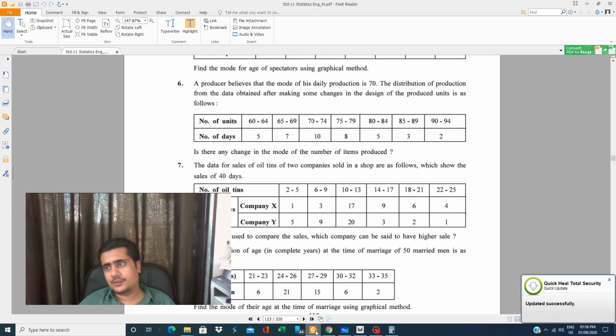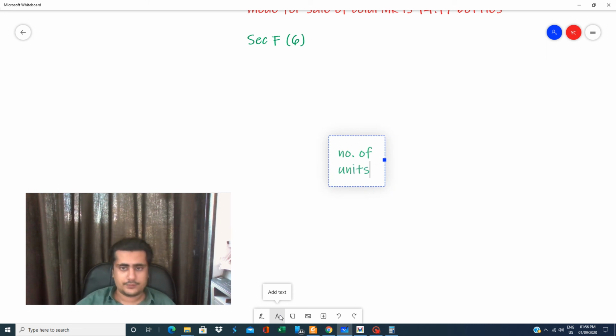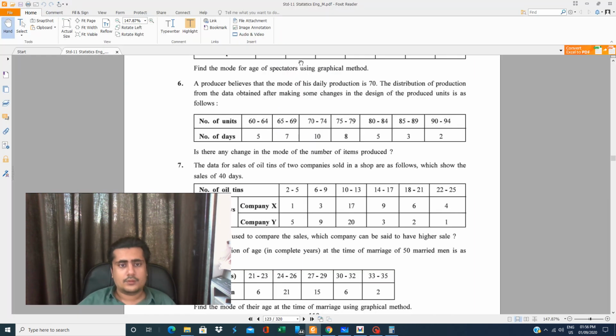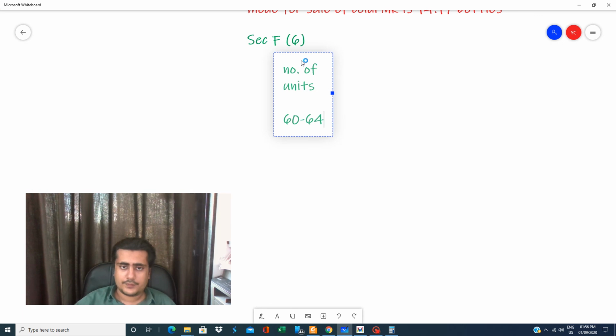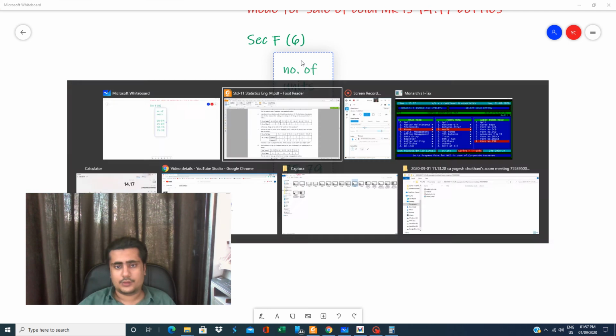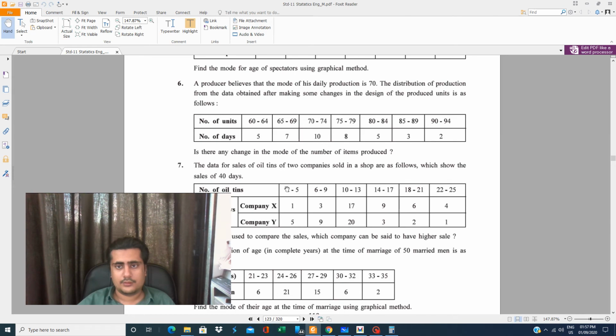Number of units are given: 60 to 64, 65 to 69, 70 to 74, 75 to 79, 80 to 84, 85 to 89, 90 to 94.